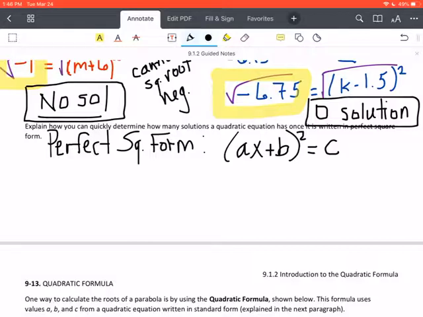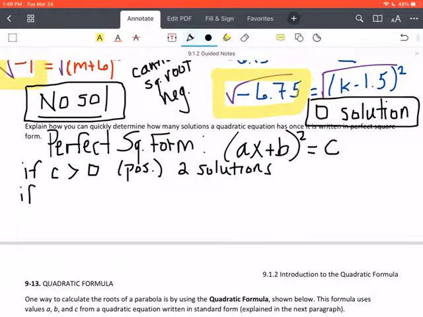Well, if c is greater than 0, meaning if c is positive, then we know that there are going to be 2 solutions, and that is like part A that we did above.